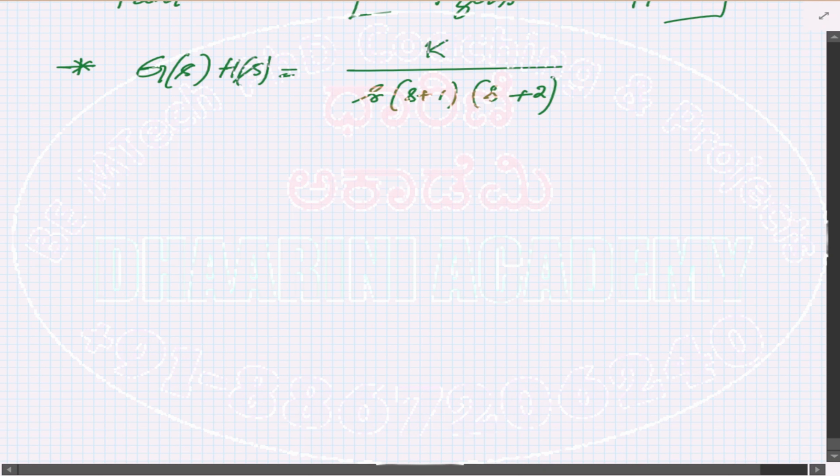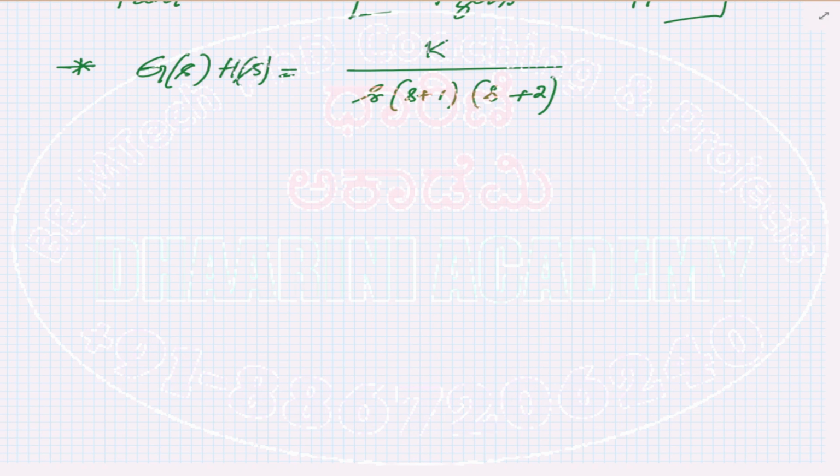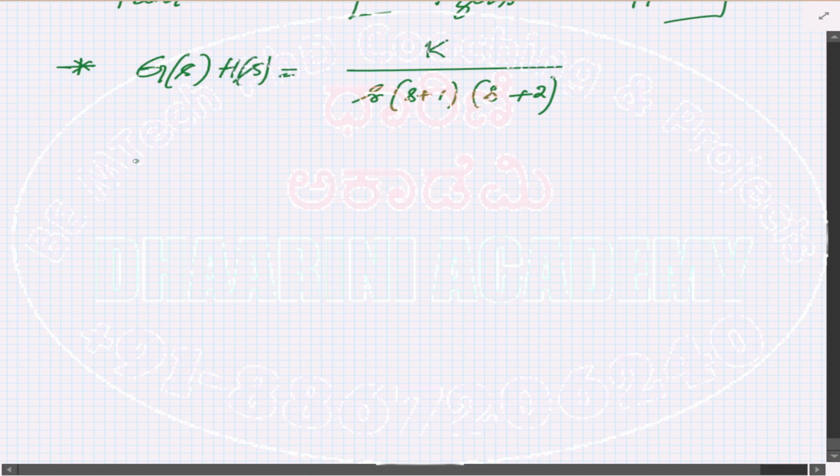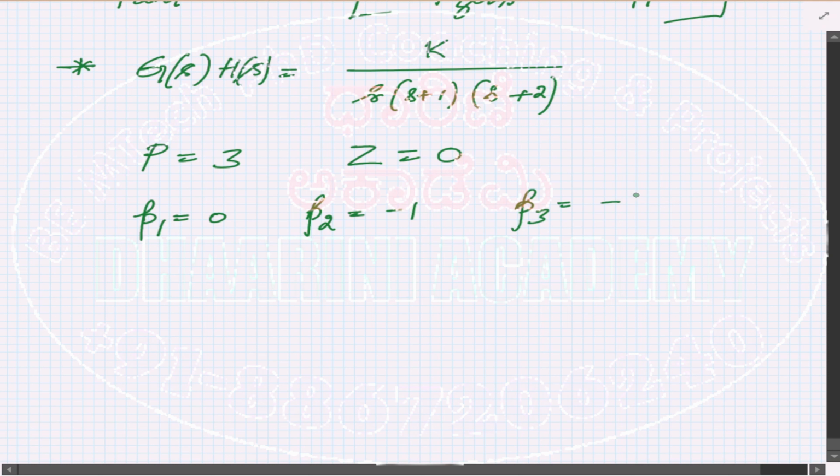As soon as we see this, it's clear that we have three poles, so the number of poles equals 3. You don't have any zeros. The poles are positioned at P1 equals 0, P2 equals -1, and P3 equals -2.